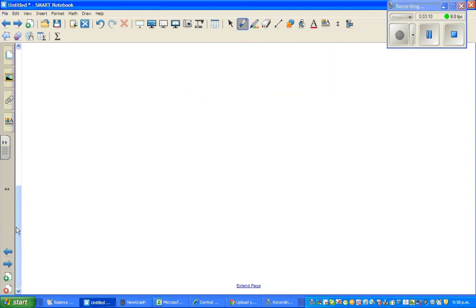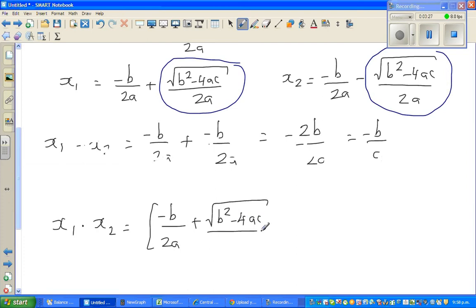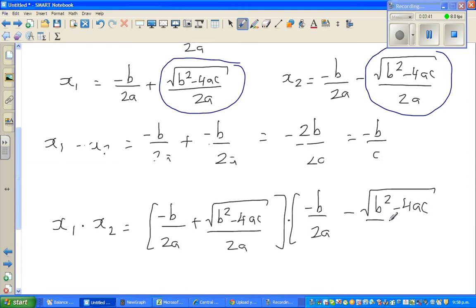So what happens if you multiply? Let's multiply x1 times x2. Let us write it out. This is minus b over 2a plus square root of b squared minus 4ac over 2a, times minus b over 2a minus square root of b squared minus 4ac over 2a.